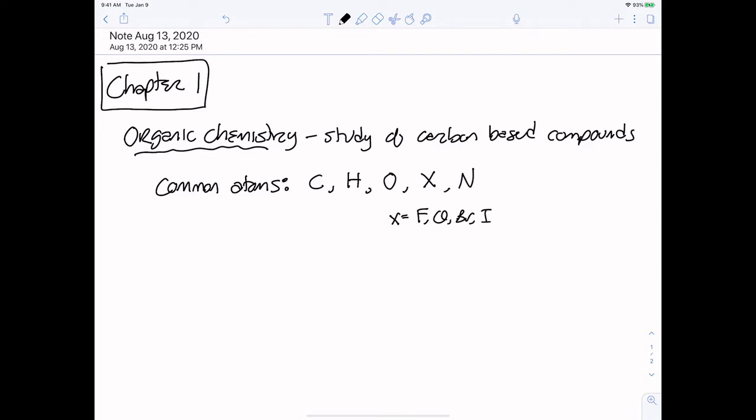We're going to see some nitrogen, and then I'm going to add phosphorus and sulfur to the list. We're not going to see a lot of those this semester, but phosphorus and sulfur are common in organic compounds, particularly biological compounds. So common atoms. So we will see some other ones, but this is going to be the bulk of it.